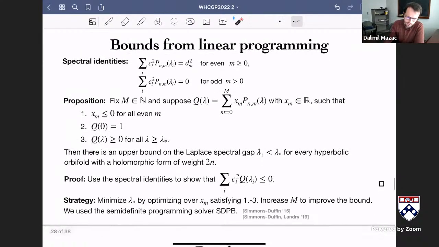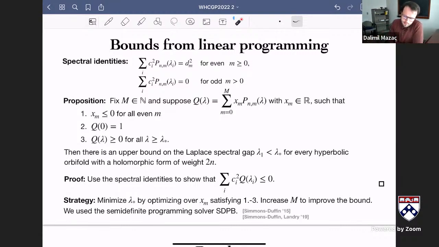So here is how it goes. We have these spectral identities, which I explained on the previous slide. And the following proposition explains how to get a bound on lambda1 from these identities. So first, we truncate these identities, we only use finitely many of them. So capital M tells us how many of these identities we are using. And eventually, we want to take M to infinity to get the optimal bound.